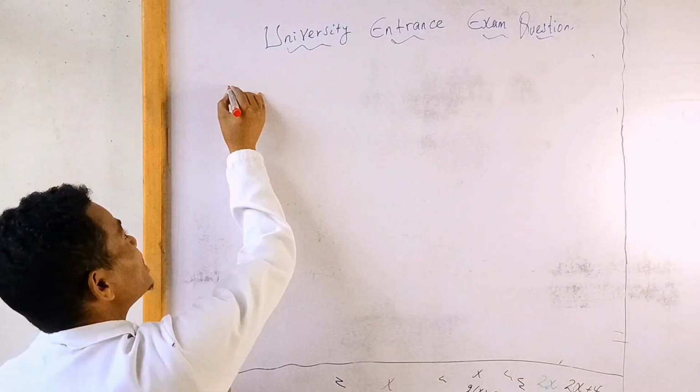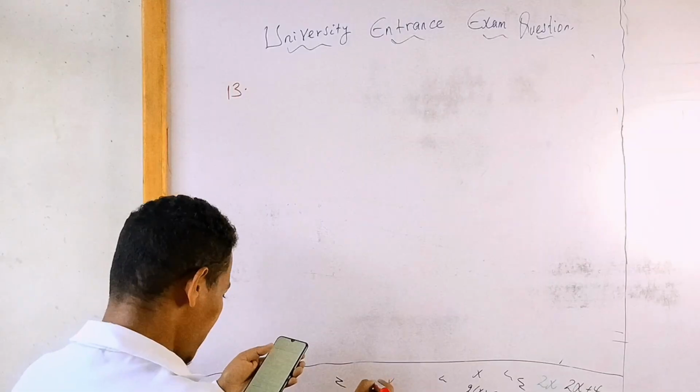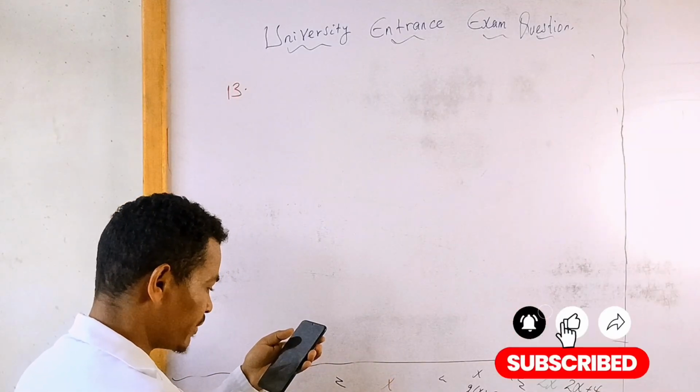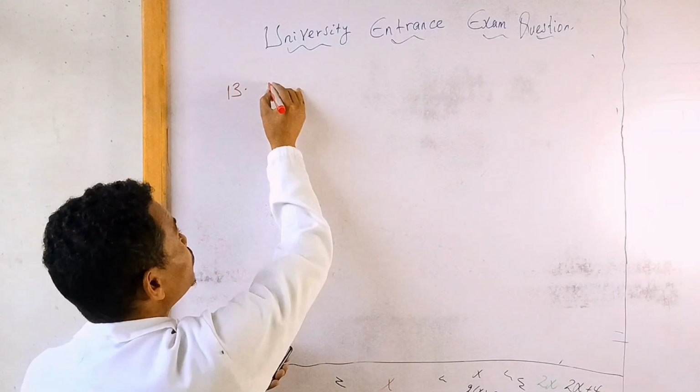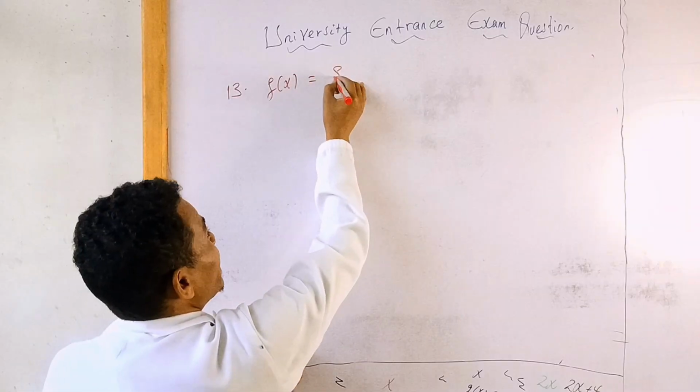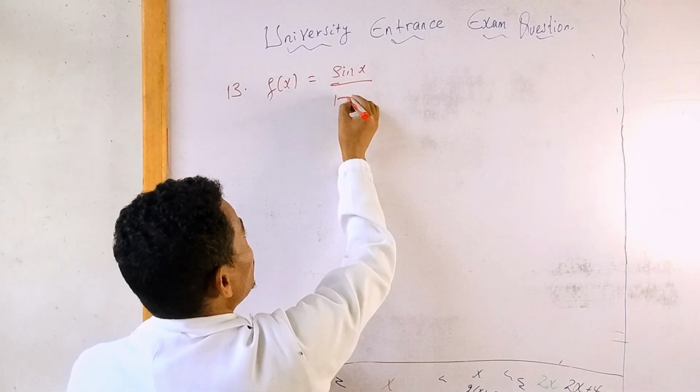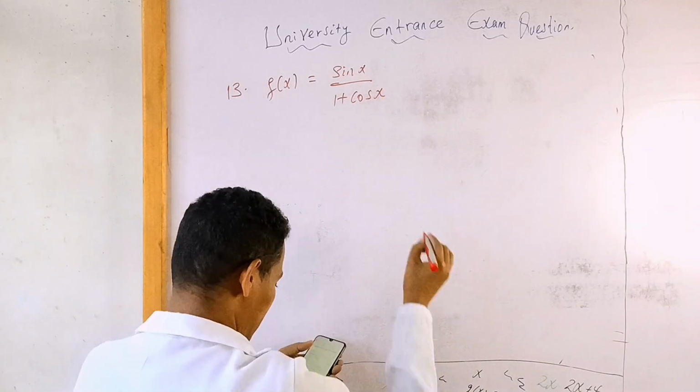Question number 13. What is the simplified form of the derivative of f of x equal to sin x over 1 plus cos x?